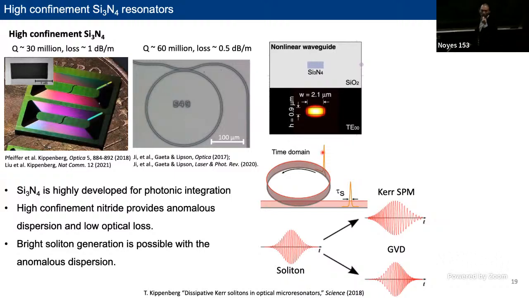This feature is non-trivial because typically an optical pulse propagating within a medium, at least in the time domain, will be broader and broader, because different frequency components have different traveling speeds. But in the optical soliton case, this dispersion is balanced by the Kerr nonlinearity, so that the pulse will not disperse at all while propagating, and this is why it's called an optical soliton.